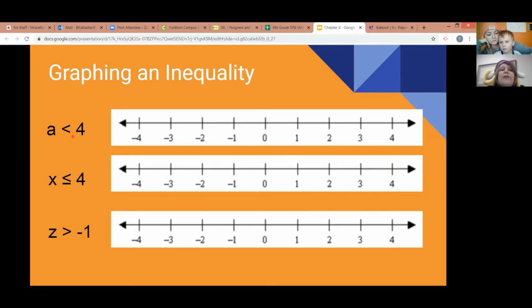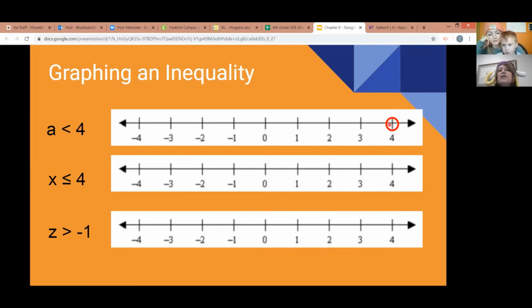So when you're graphing an inequality, the first thing you're going to do is make sure that you have the variable on one side and the number on the other, which Mrs. K has. And then you're going to graph this number. If this is just a greater than or less than sign, you're going to graph an open circle. This is what an open circle looks like.